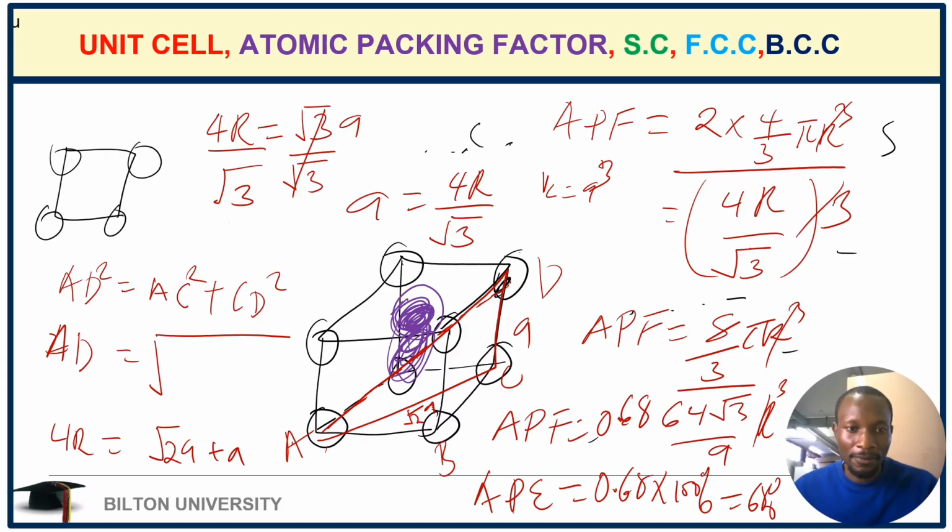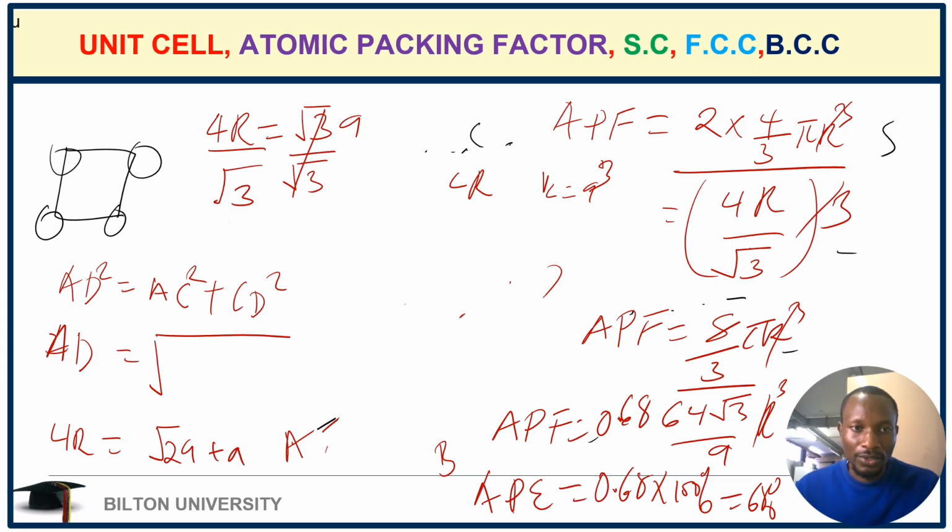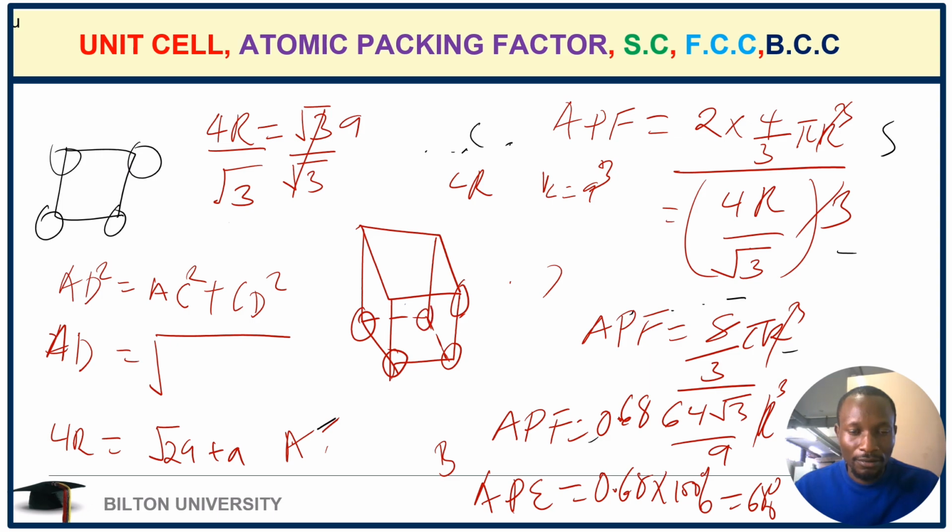So let's look at the coordination number. In this case, just allow me to draw it so that it can be a little bit nicer. So we have 1, 2, 3, 4, 5, 6, 7, 8, and we did say that with B.C.C there's one atom at the center.